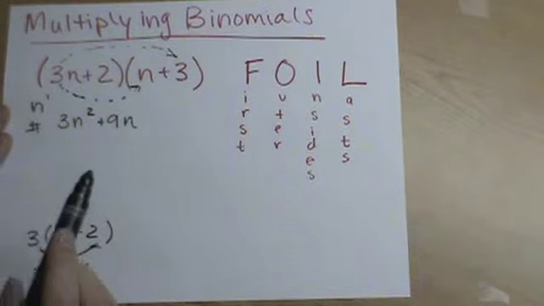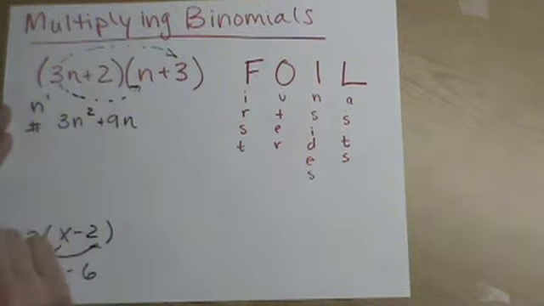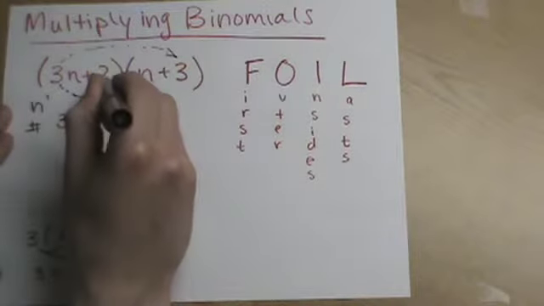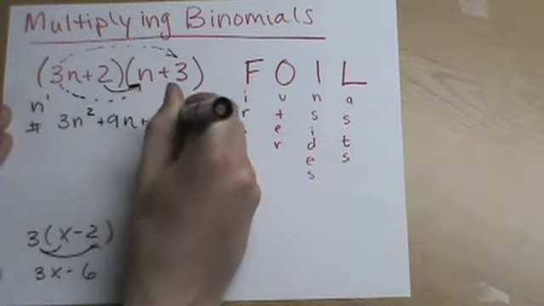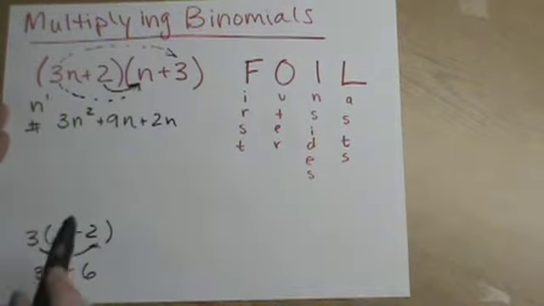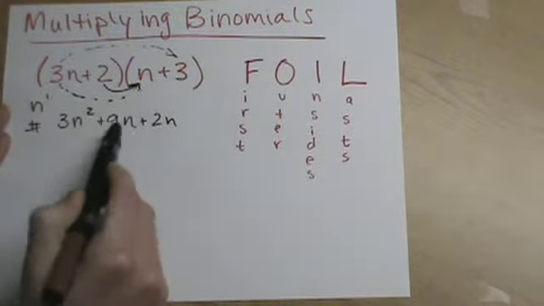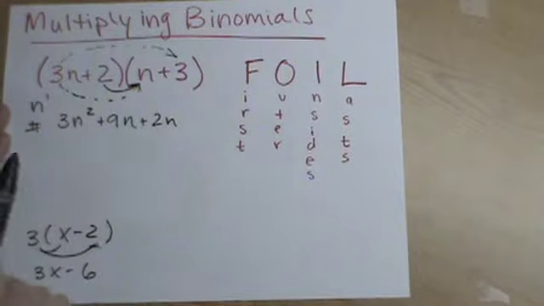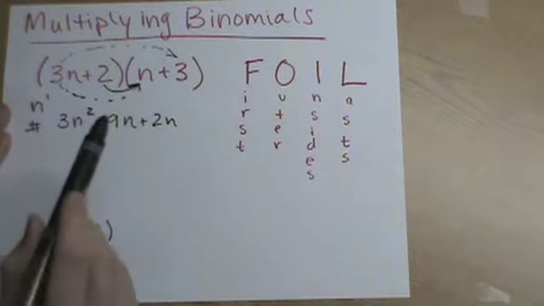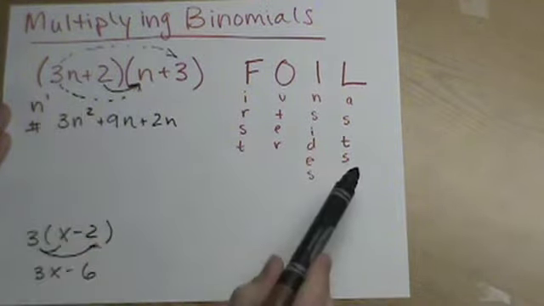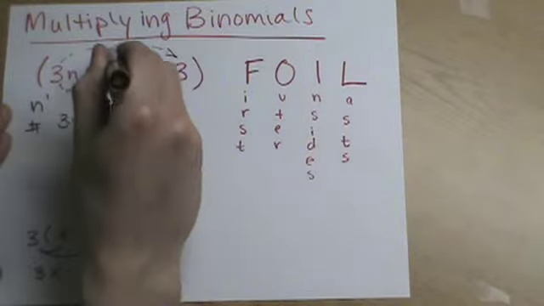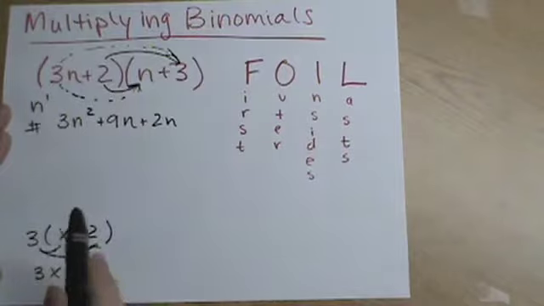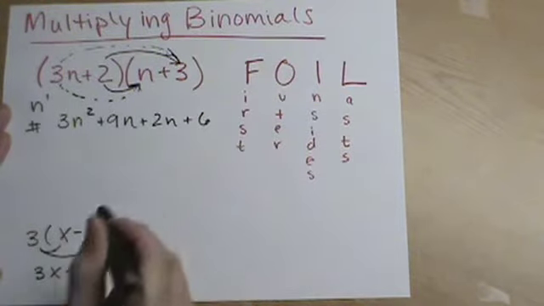Next, we do the insides. So 2 times n would be 2n. Notice how I'm putting pluses in between all these terms because they're all positive. And lastly, we do the lasts, so the 2 and the 3. 2 times 3 is 6.